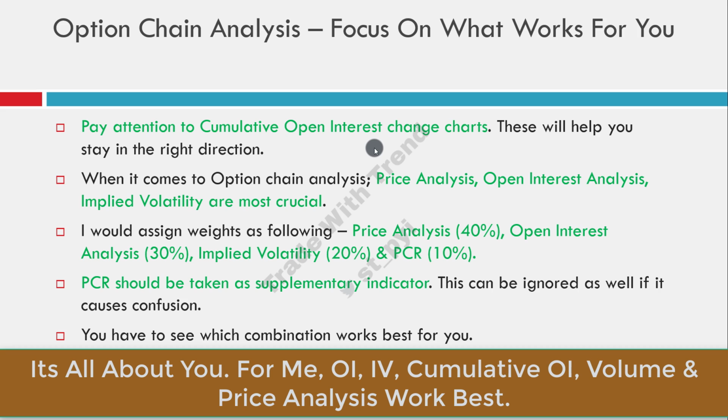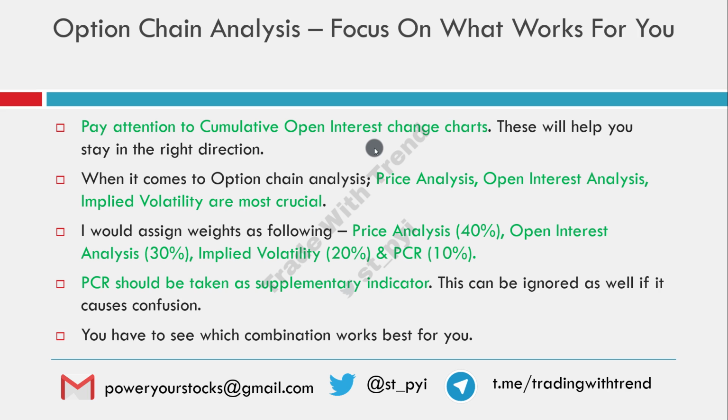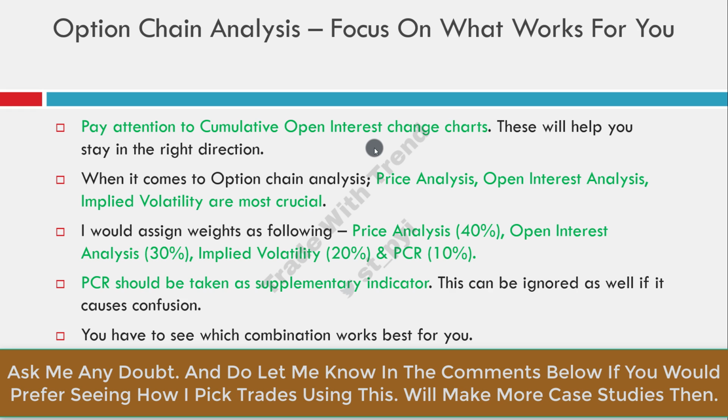When it comes to option chain analysis, I think price analysis, open interest analysis and implied volatility are the most crucial ones. This is the combination that has worked best for me and I practice this on a regular basis. I would actually assign price analysis about 40% of weight, open interest analysis about 30%, implied volatility about 20% and PCR just about 10%.